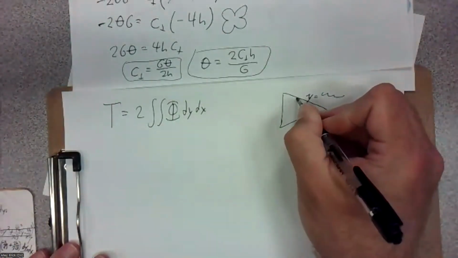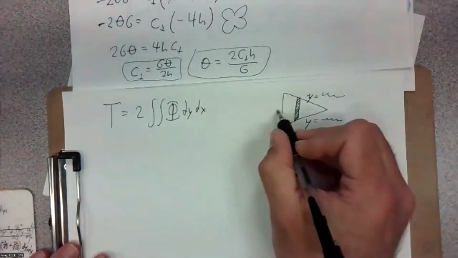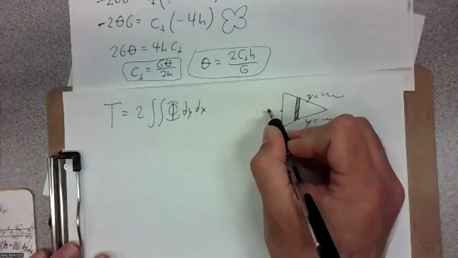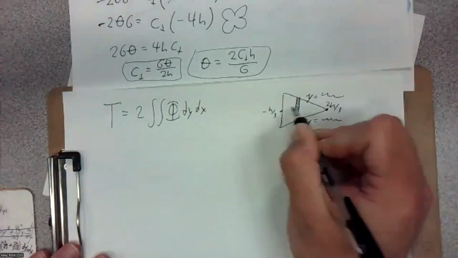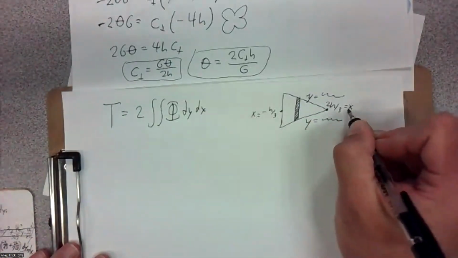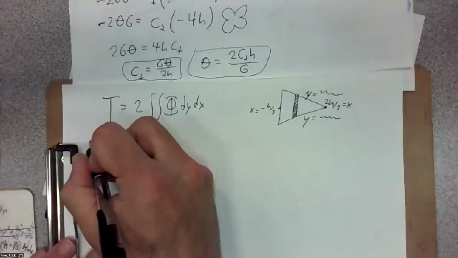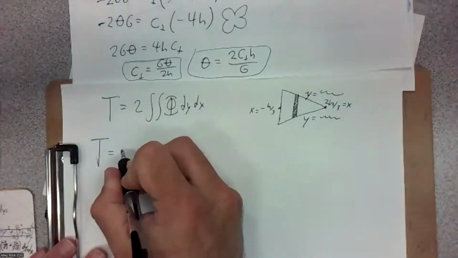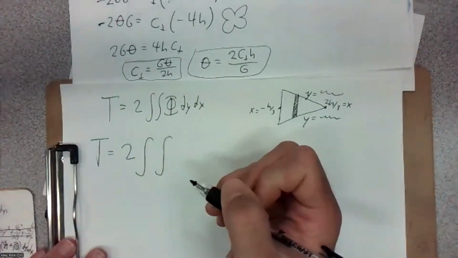So if we do the y first and go from those limits, we make a little slice like this, and then we integrate dx from minus h over 3 to 2/3 h, from here to here. So that's how we'd have to integrate it. Let's just set it up, and then we'll back away and not think about it again.